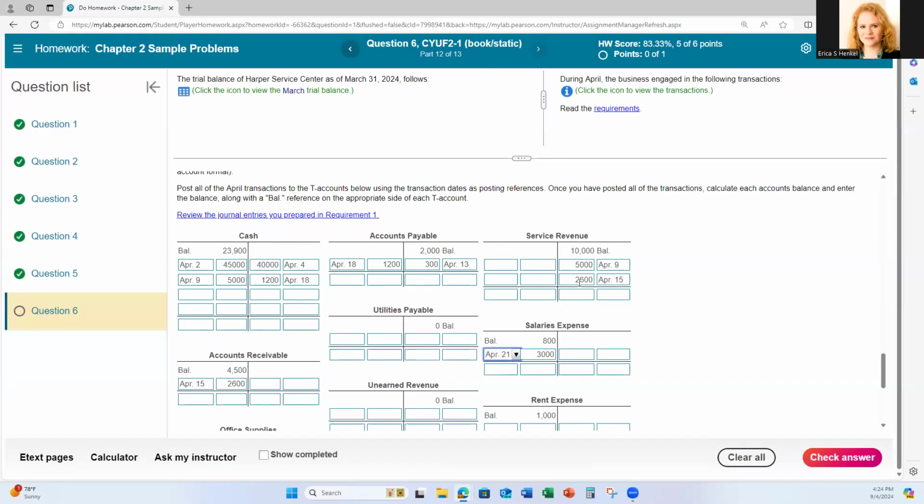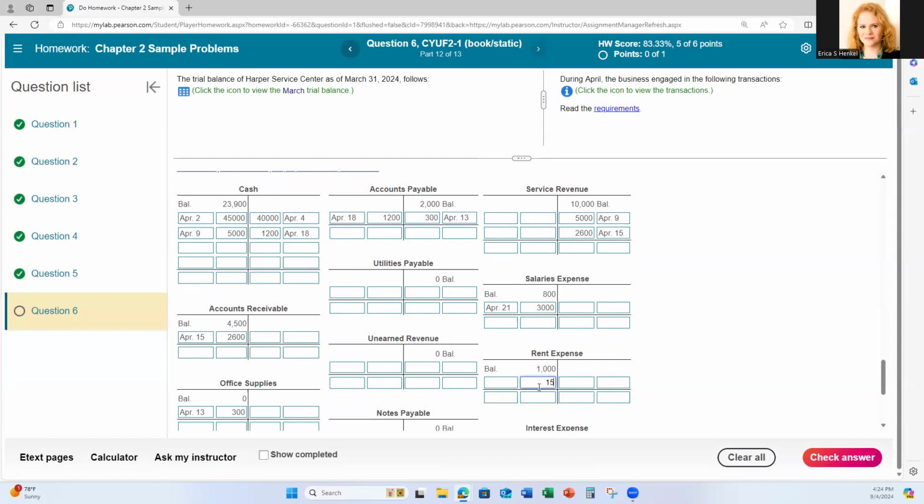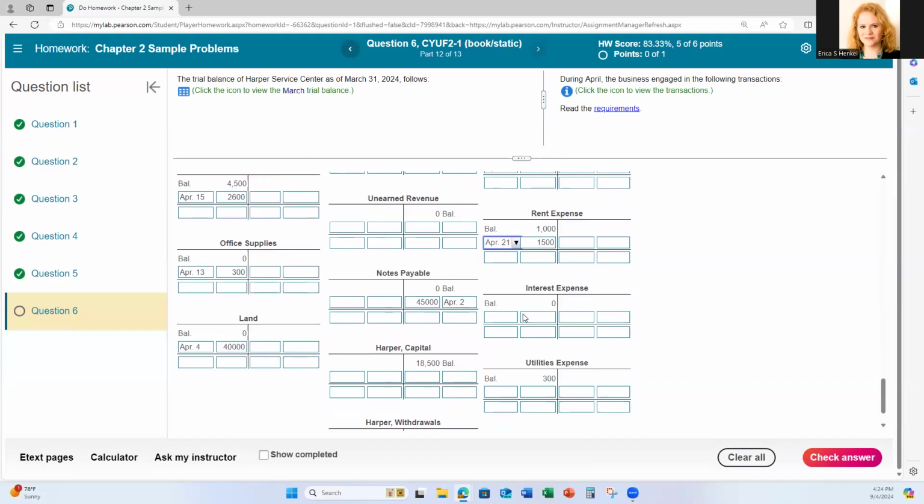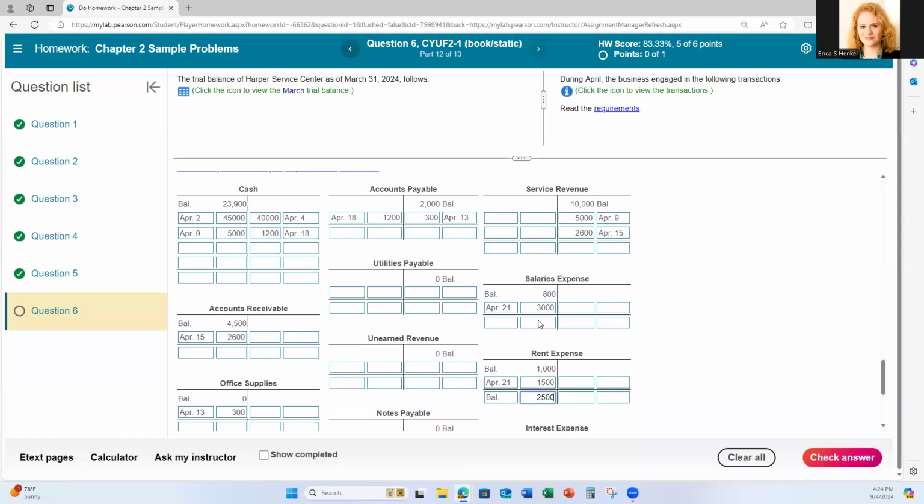Rent was 1,500. And interest was 400. Okay. All right, and I'm pretty sure these ones, they only have one line, so I'm adding up the beginning balance plus any activities. This one only had activity here.